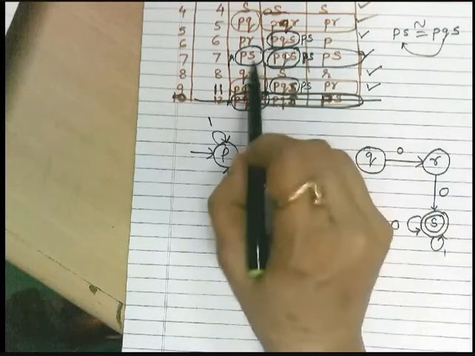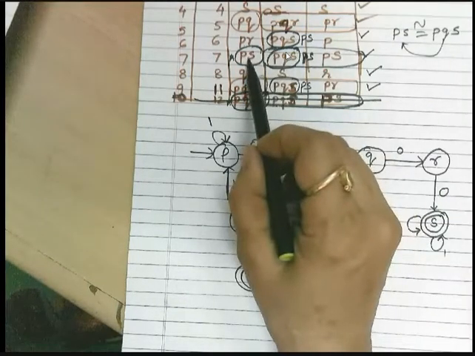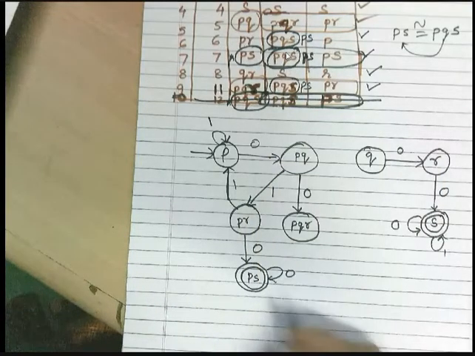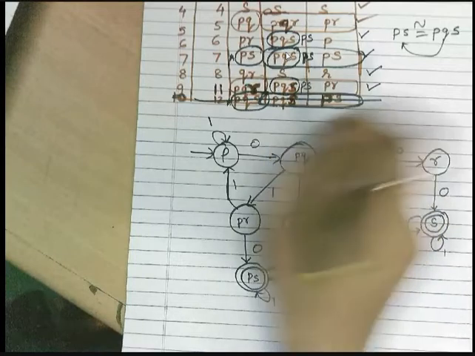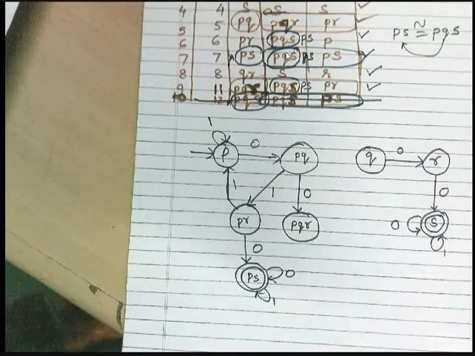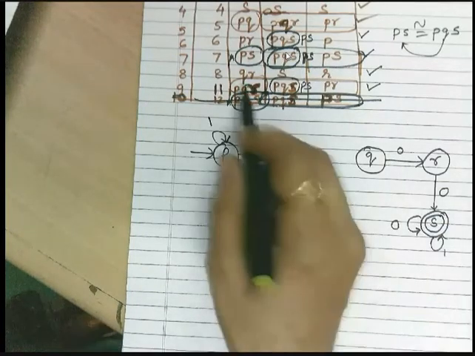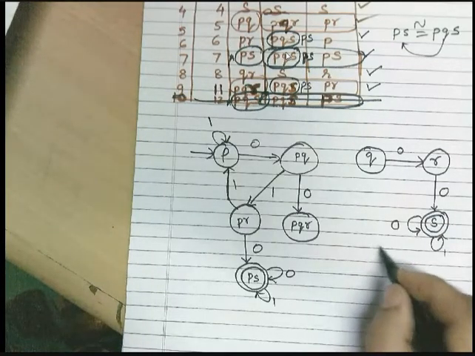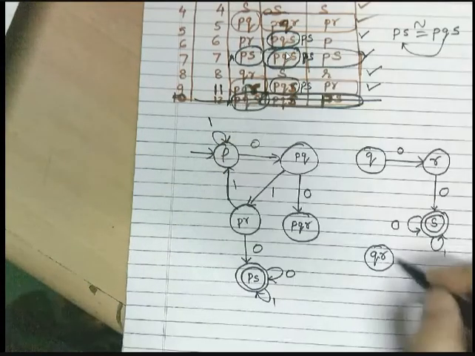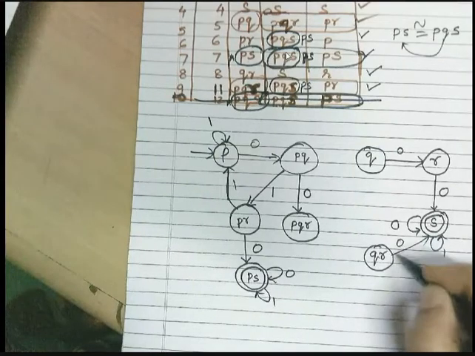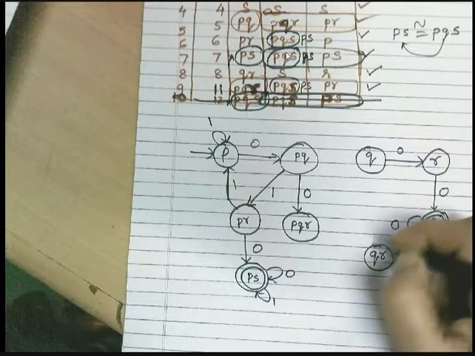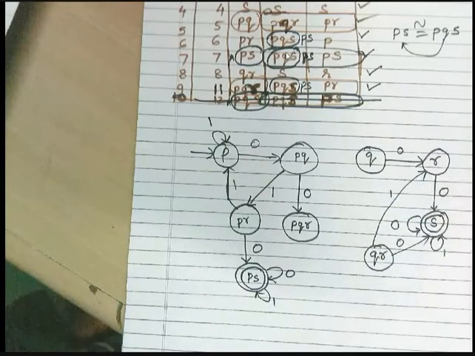Next, PS on 0 and 1 goes to itself. Next, QR on 0 goes to SR. Now there is no such state QR, so I need to make a state QR. So QR on 0 goes to S and QR on 1 goes to R. Right?